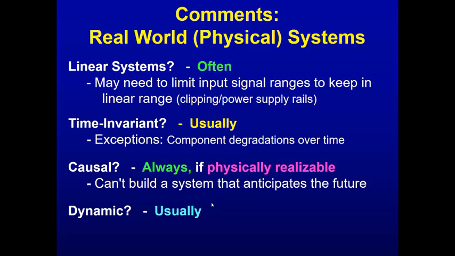We'll get some practice with that doing some homework problems, and we'll come back next time and start exploring some of the things we can do with our systems once we've classified them, particularly with our linear time invariant systems. What that enables us to do when we have this particularly powerful class of systems.